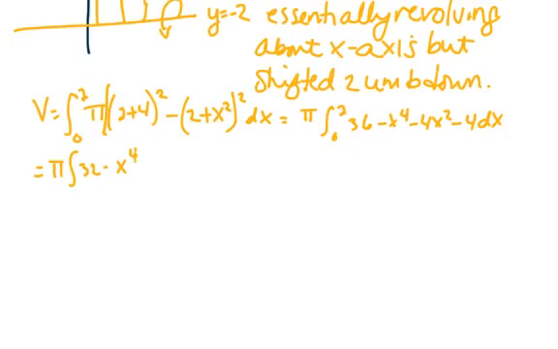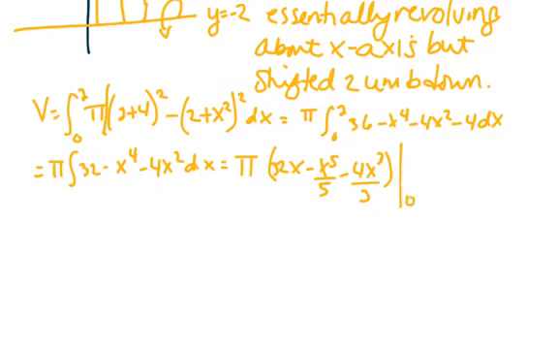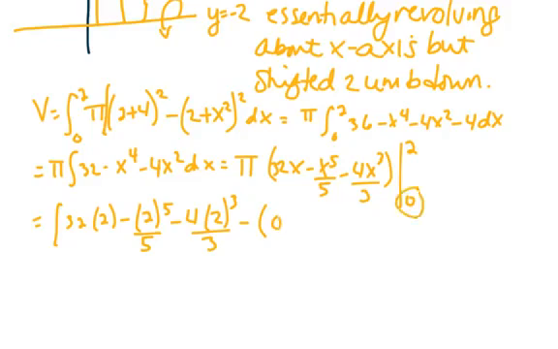This is x to the fourth minus 4x squared dx, and taking the antiderivative, you're left with 32x minus x to the fifth over 5 minus 4x cubed over 3. You want to evaluate that between 0 and 2. If I did all of my arithmetic correctly, substitute here, and of course the lower limit is just 0.